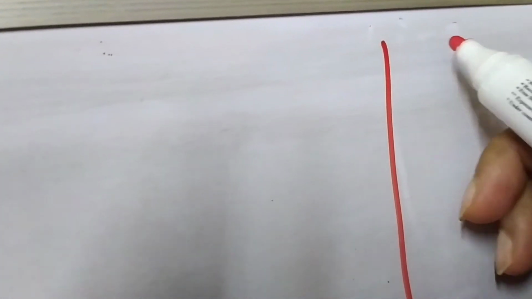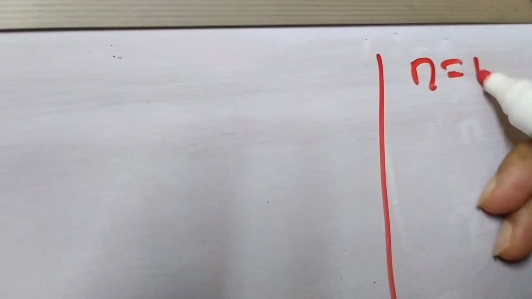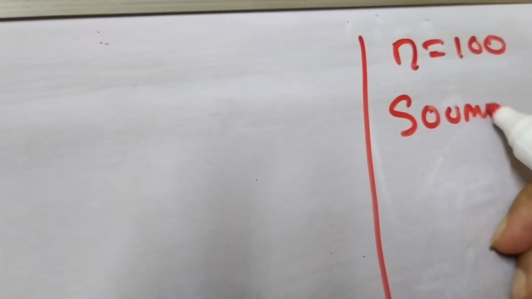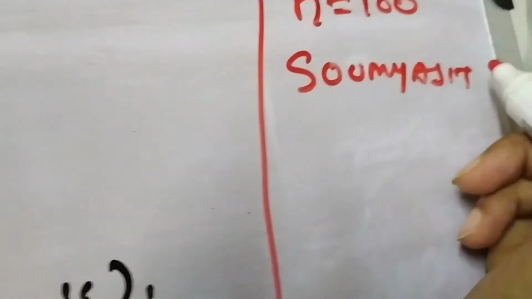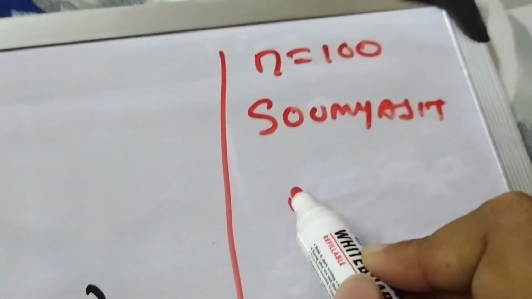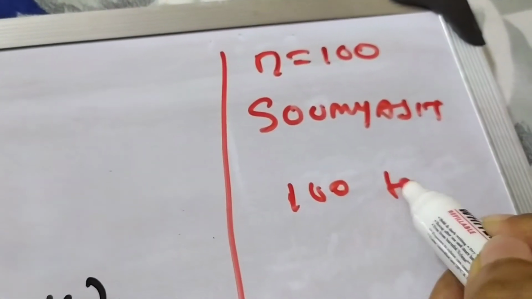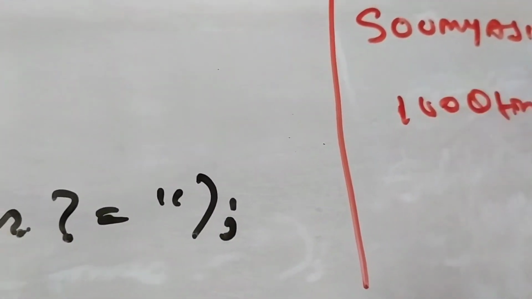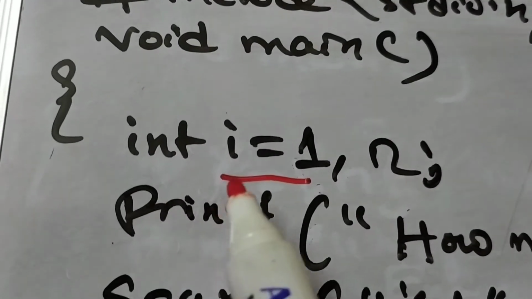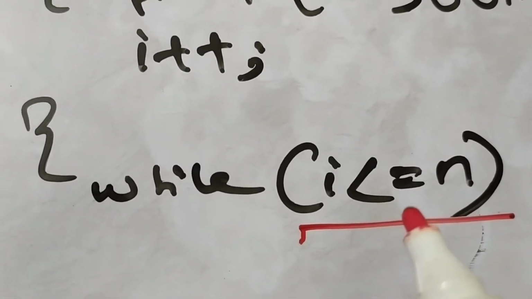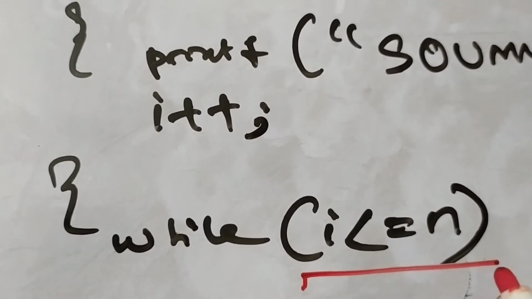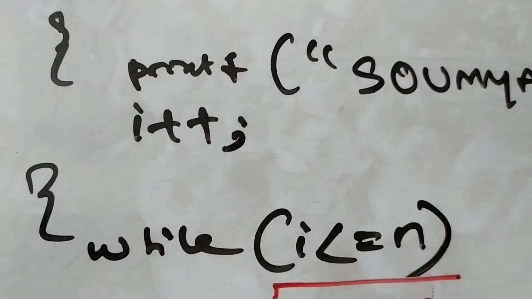Suppose if I give the input n equal to 100, then my name Somojit will be printed 100 times. If I give 1000, then it will be printed 1000 times. That means I have fixed the value i equal to 1, and I have set the second parameter i less than or equal to n, where I have used n as a variable.